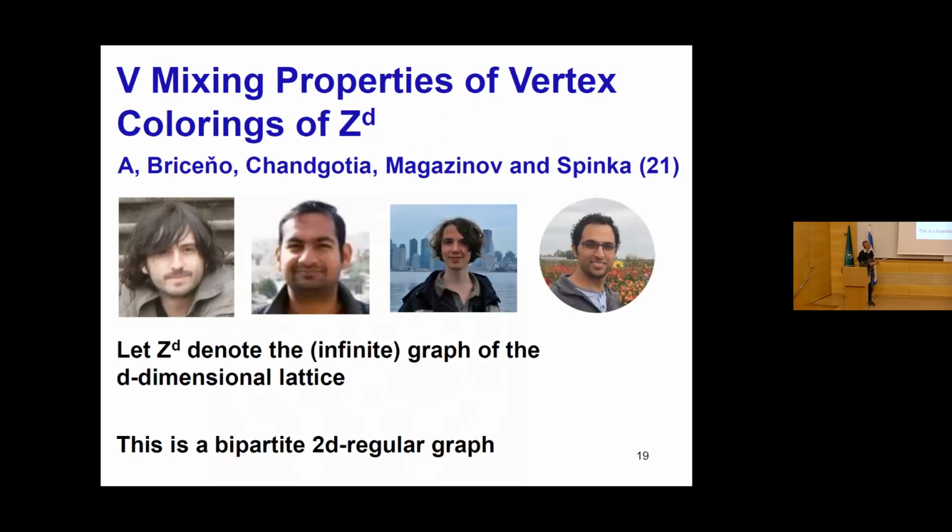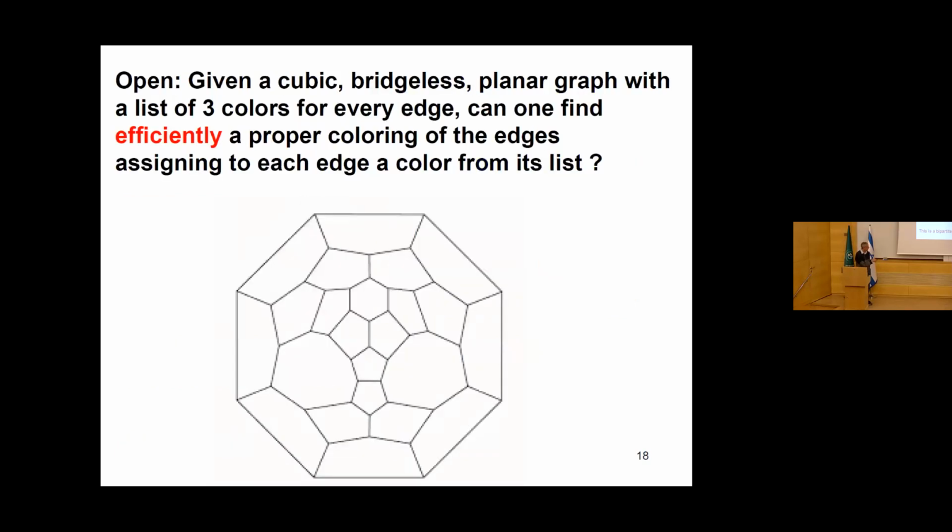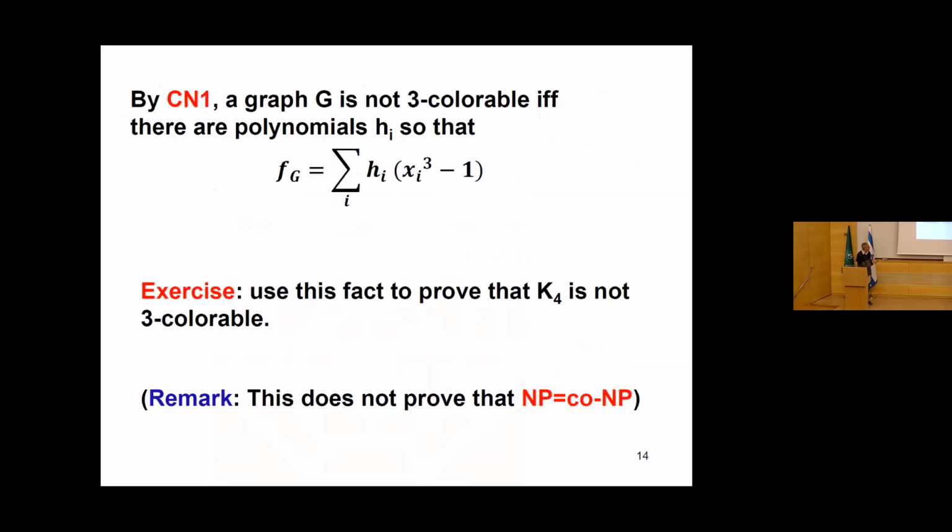Okay, let me talk about some... Noga, may I ask about slide 14 before you go to the next topic? Yeah, sure, you can ask, but I didn't hear. So what's the question? So slide 14. On the left-hand side, should you have a power of the graph polynomial since you're using CN1 and not CN2?